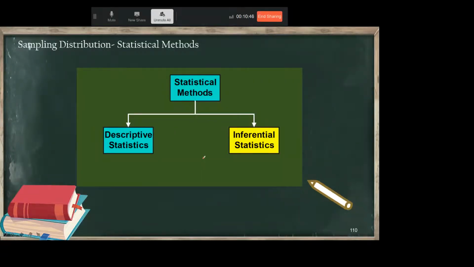If you remember, we already did a little bit about statistical methods, which we can also call statistical inferences.